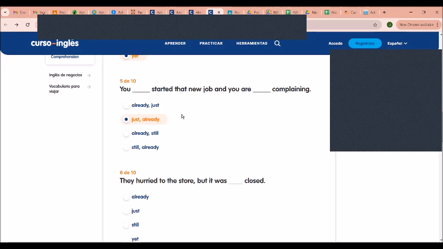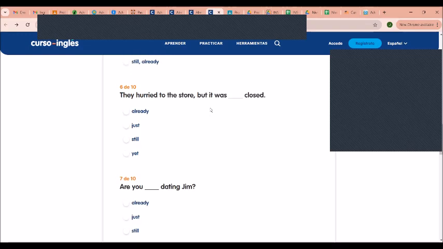So it's recent, and completed, unexpected. So we use already. Again. Yes, you just started that new job and you are already complaining. Good. All right. Imagine someone, new job and only bad things to say.